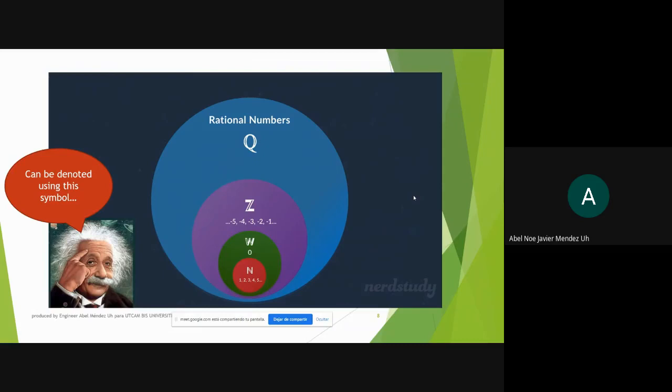Rational numbers include the natural numbers or counting numbers, the whole numbers, which are zero plus the natural numbers, and also the integers, which are the negatives plus zero plus the natural numbers, okay?